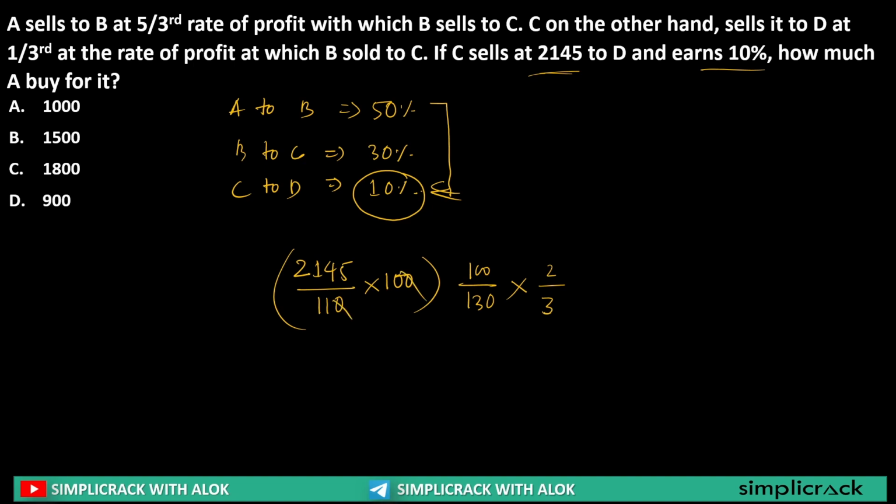So the zeros will cross out, and the remaining numbers reduce, so 5 into 10 into 100, that is 1000. So 1000 is the cost price over here.